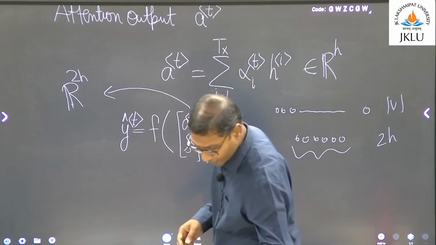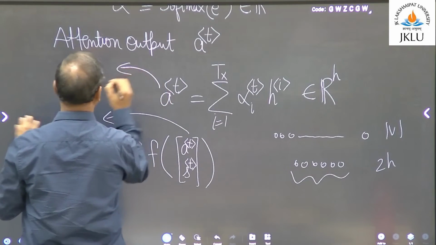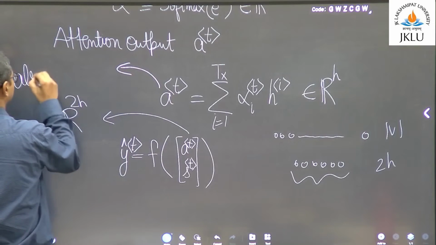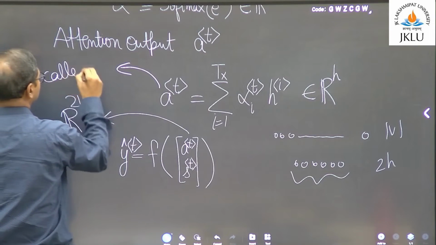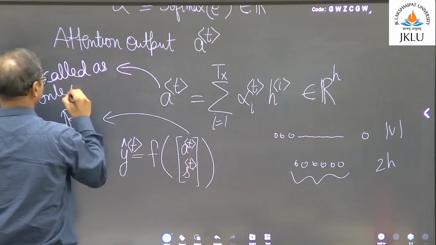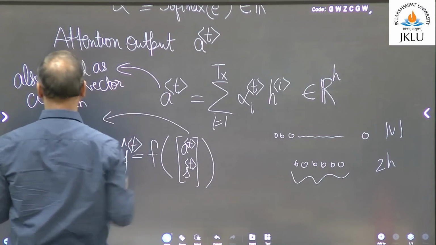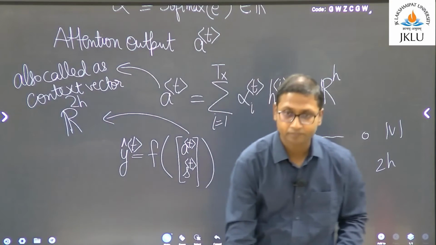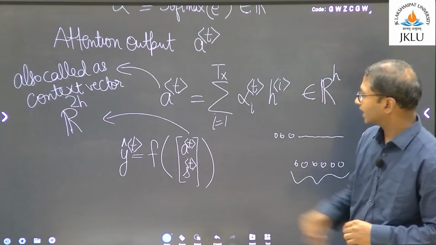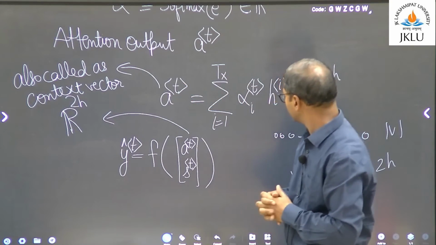Before I forget, A is sometimes also called the context vector, and this makes sense because it is giving you context, how much to depend on which one.